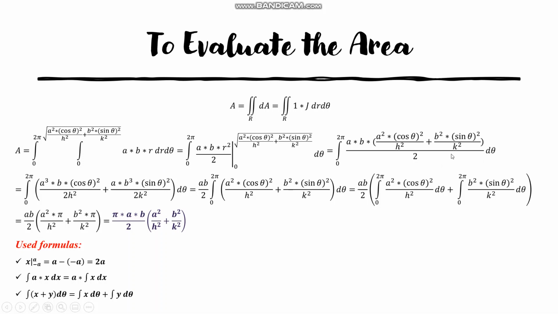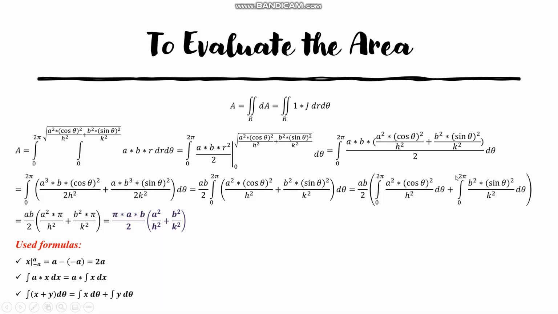And here we will find this equation, and if we put our constants out of the integral, we will get a formula like this. And to calculate this integral, we must evaluate them separately. That's why we have to write our integral like that.